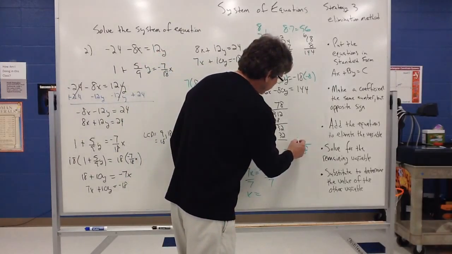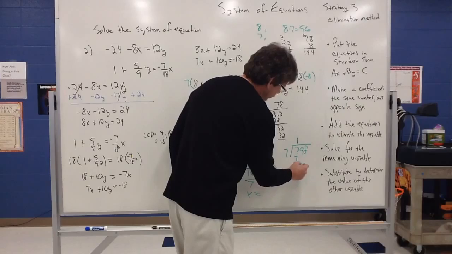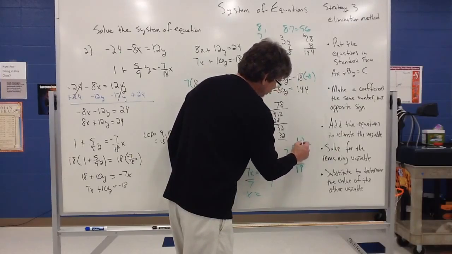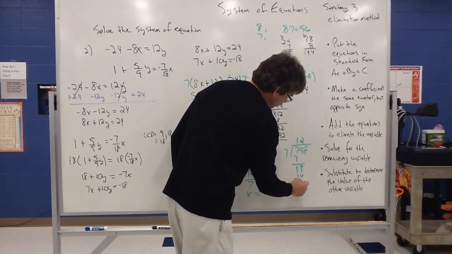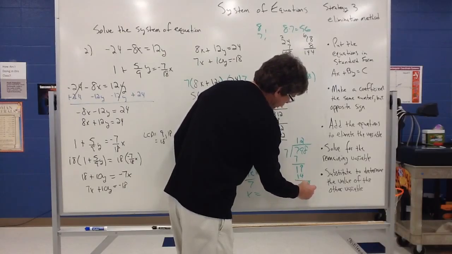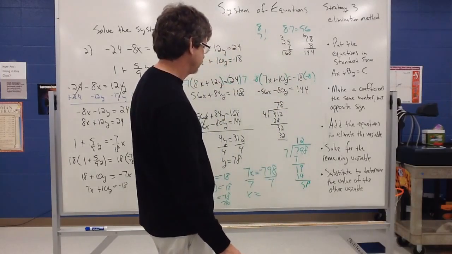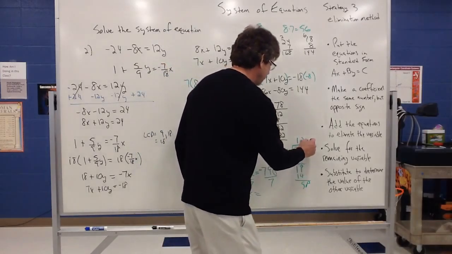So 7 goes into 7 one time. 7 goes into 19 twice. Looks like I can get my 58 there. And 7 goes into 58 like 8 times.